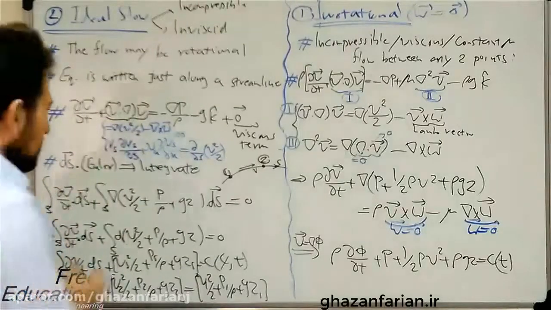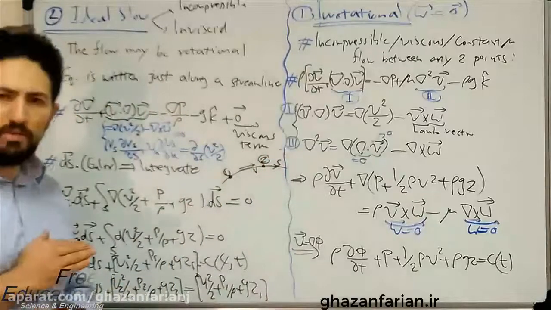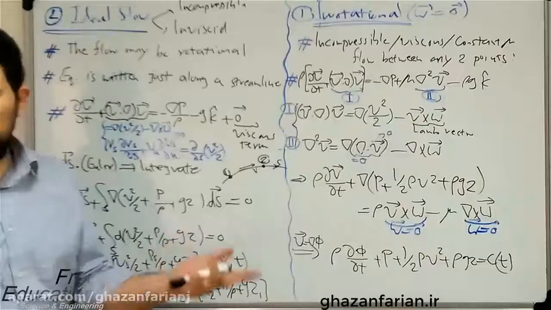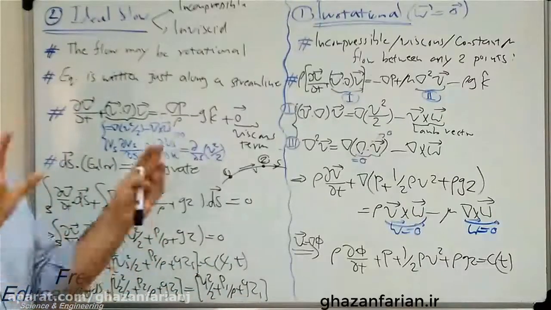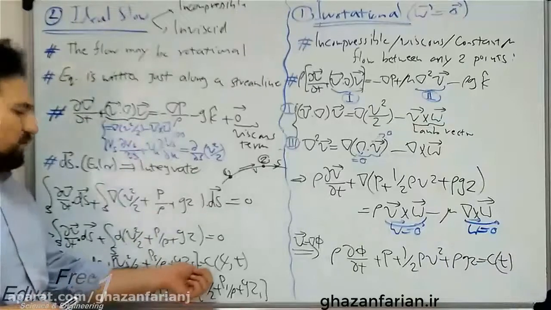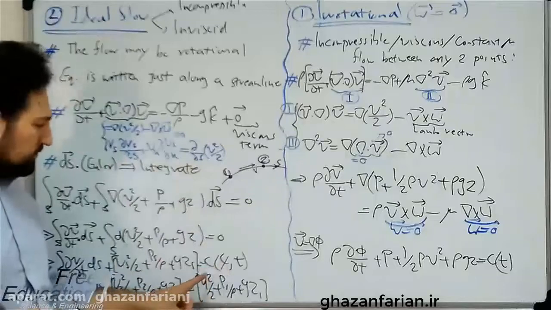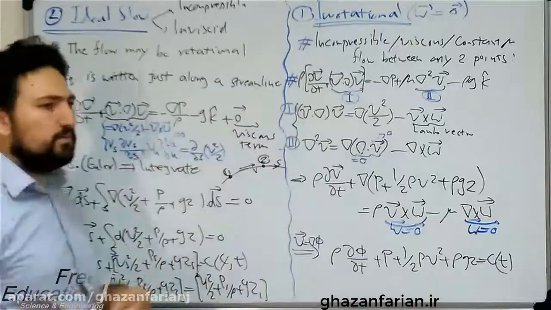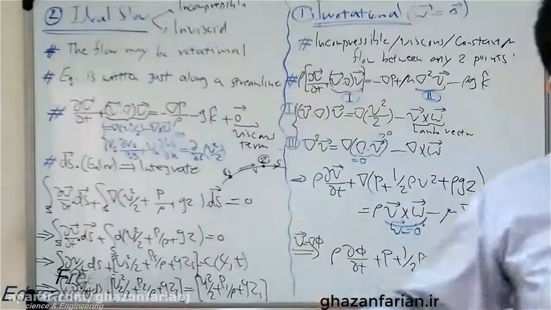Okay, for example, this streamline here corresponds to the stream function equal to, for example, 0. The other streamline corresponds to another value for the stream function. So the constant of the Bernoulli's equation in this version is a function of the stream function, or the function of the streamline which you are writing the equation along.